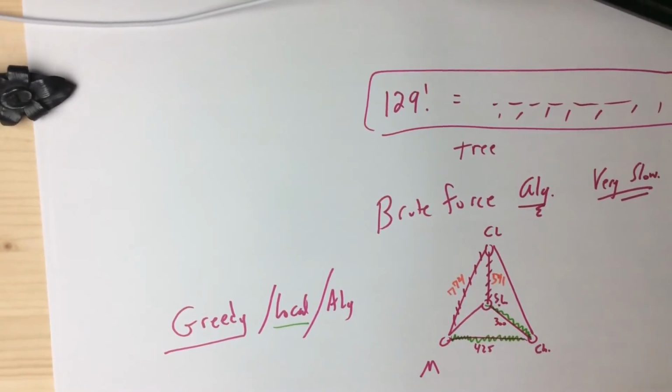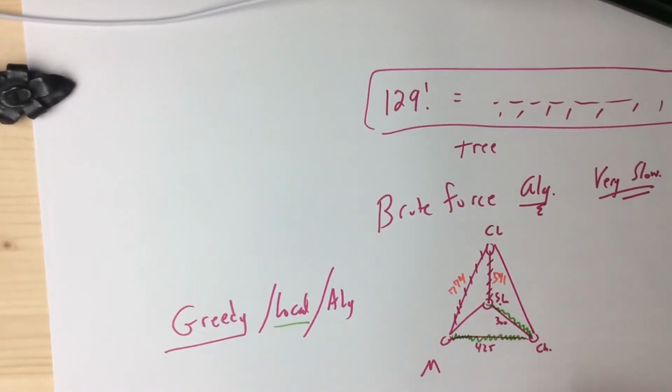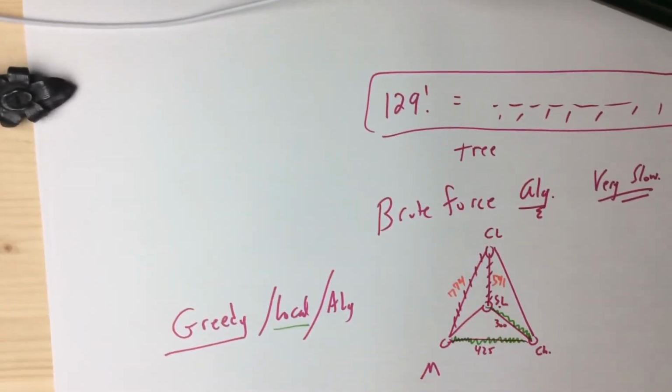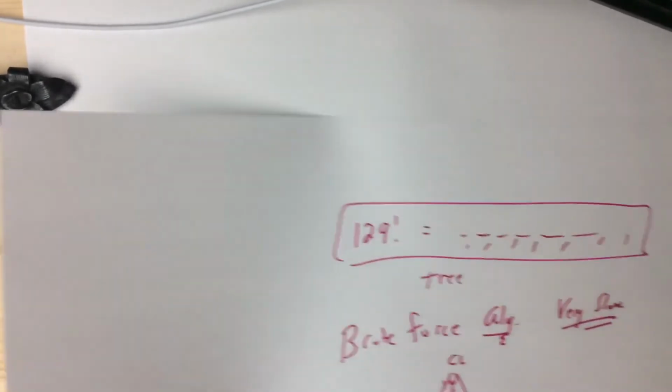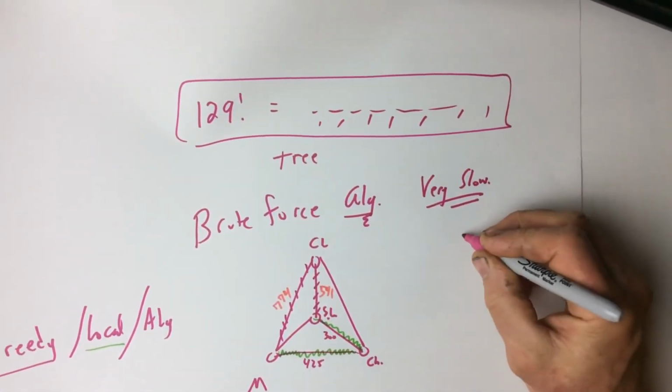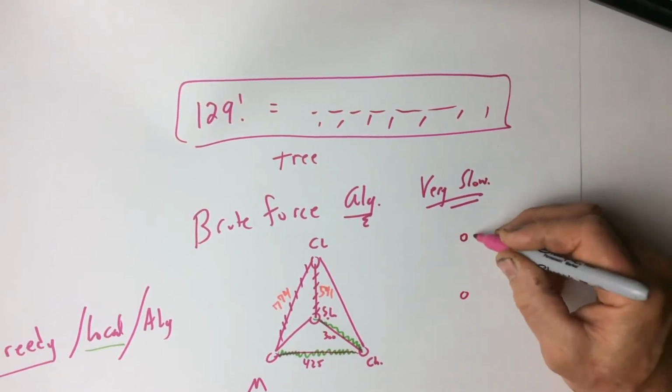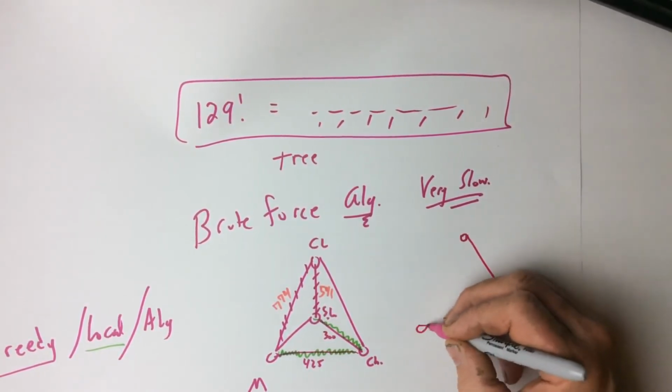Each time we said, where are we? What's closest I haven't been to? Go there. Repeat. Now, what happens if we had started in a different spot? What happens if, let's say, we were in Cleveland? Well, if your starting point had been Cleveland, let's take a look at that algorithm again.